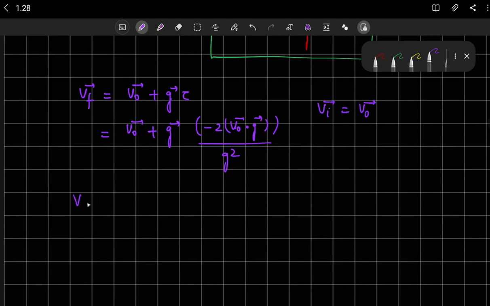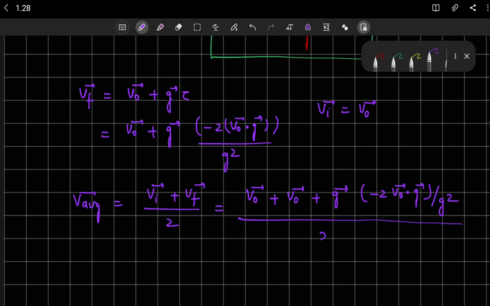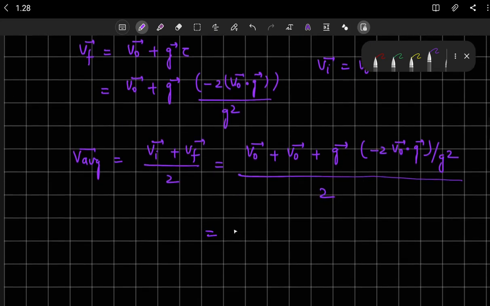So if we find the average velocity vector, we can write it as the initial velocity vector plus the final velocity vector, whole divided by 2, that is equal to v naught vector plus v naught vector plus g vector times minus 2 v naught vector dot product with g vector, whole divided by g square, whole divided by 2. So from here we will get v naught vector minus g vector times v naught vector dot product with g vector, whole divided by g square.